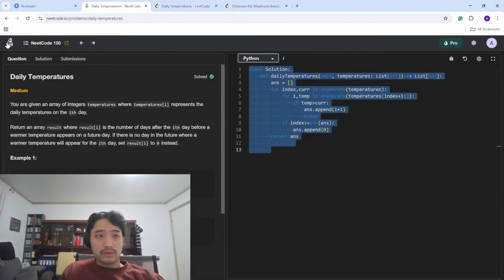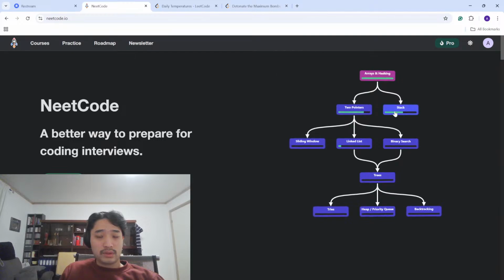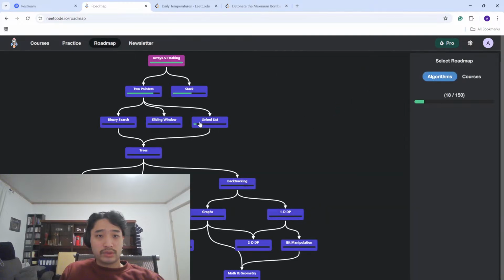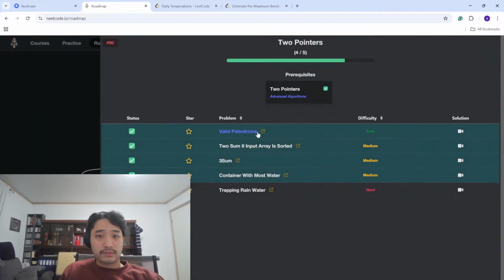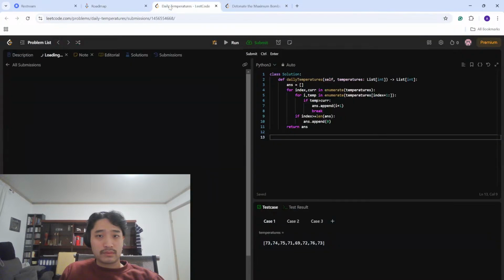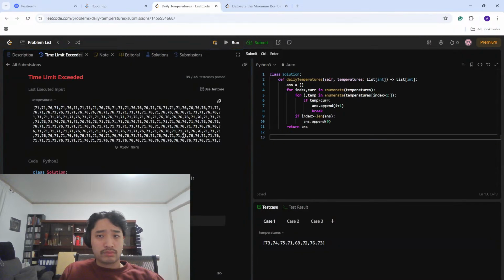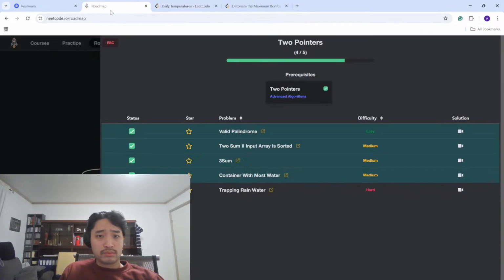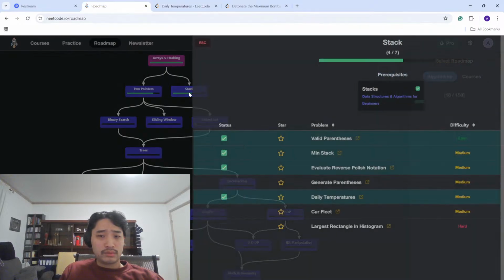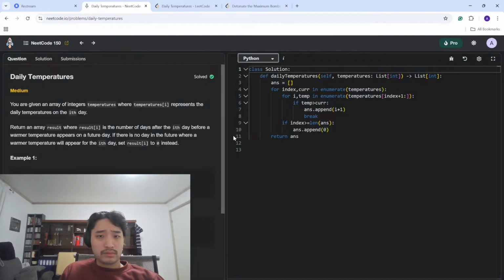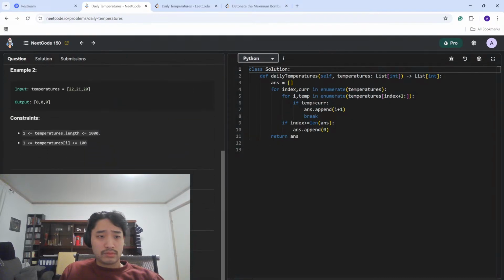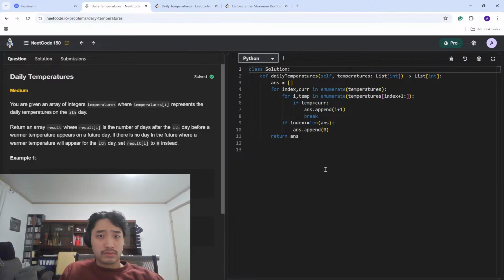Then we're going to go to dump stacks, now it's 2 pointers. Oh. Haven't I done it? This worked, yeah.